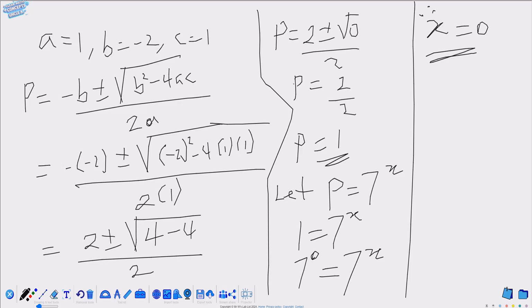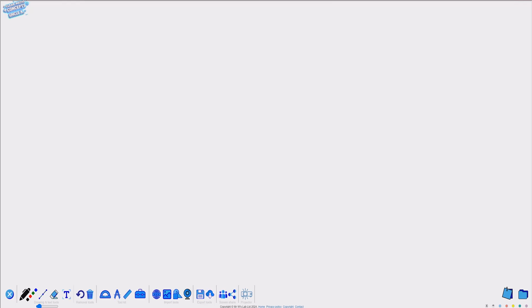Okay, so now the next question, it says solve the equation. It's also like a quadratic, so I think this will be the last I'll be solving on that. Anyone who sees this should be able to recognize that it is quadratic.